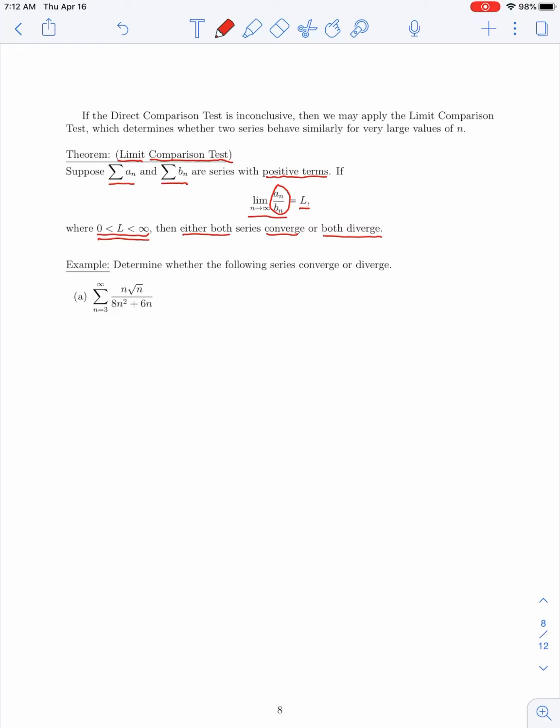So the general rule for determining what you're going to compare with is to look at the ratio of the highest powers of n in your numerator and denominator. In this case, our numerator is n to the 3/2, and we're dividing by 8n squared.